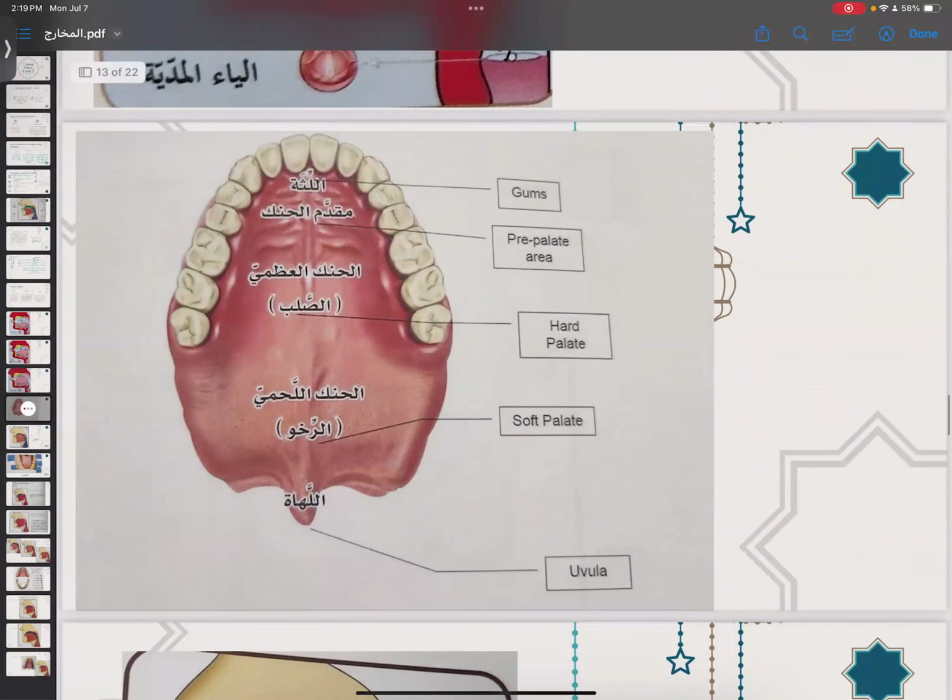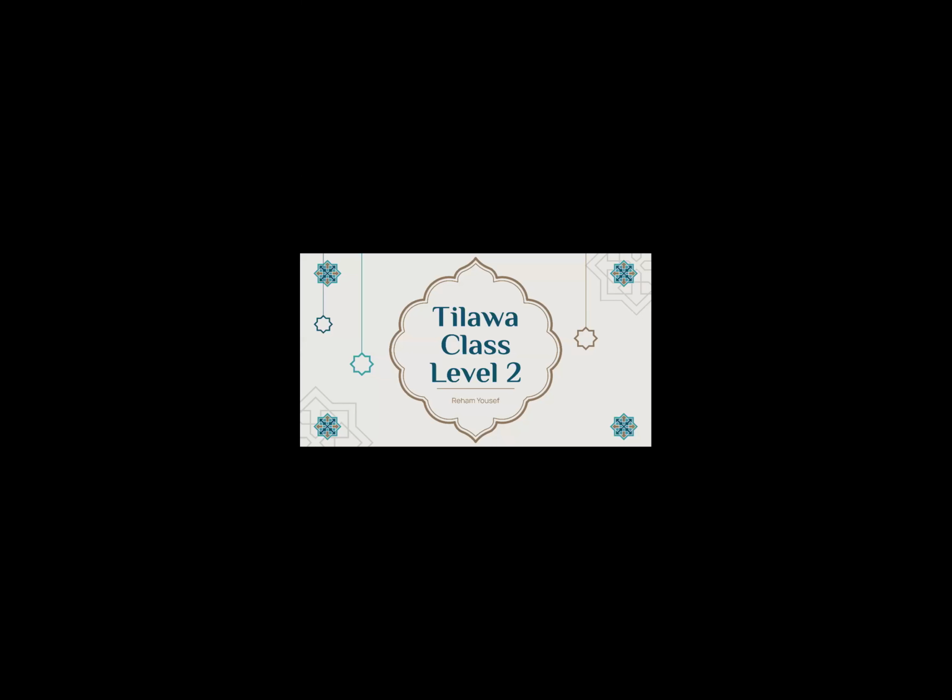And then here's just a picture of the mouth from the bottom of the mouth with the teeth and everything. So here we have the gums, اللثة, and then the pre-palate area or مقدم الحلق, and then hard palate, which is الحنك العظمي, and then the soft palate, الحنك اللحمي, because العظمي comes from the word bones, so that's why it's the hard palate.